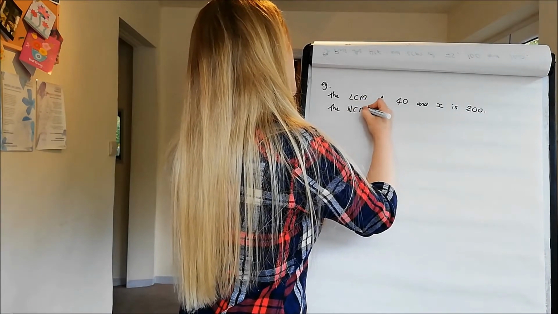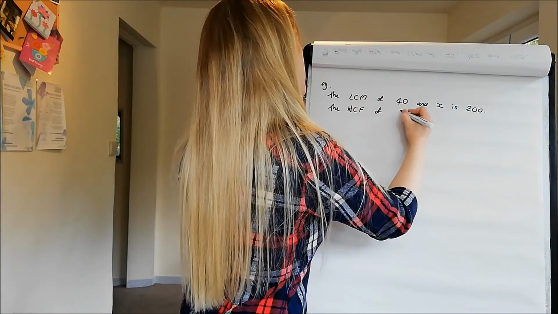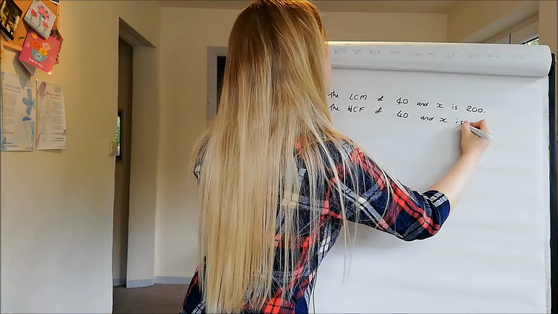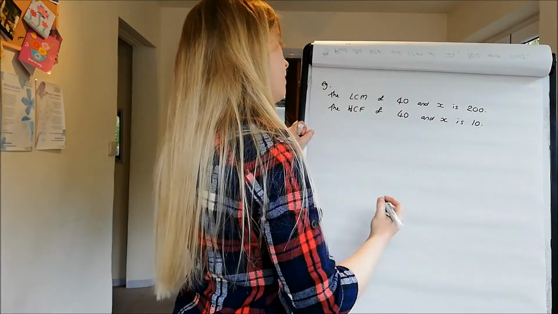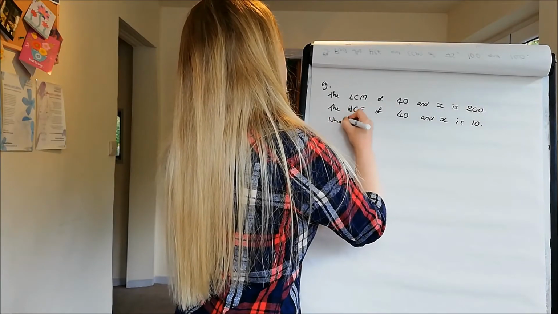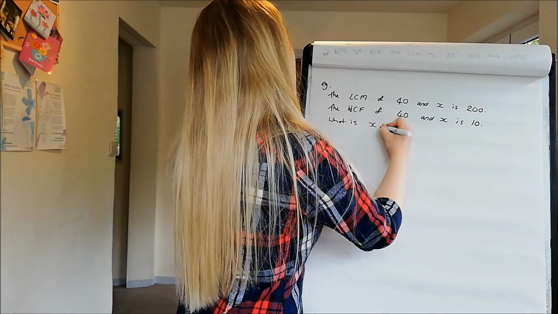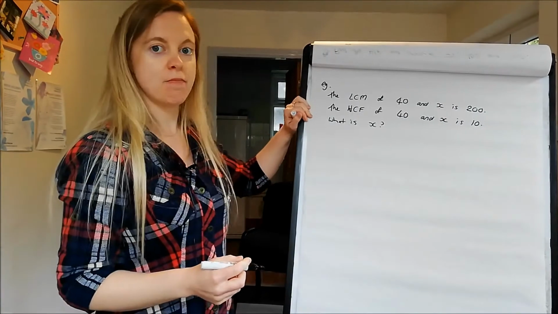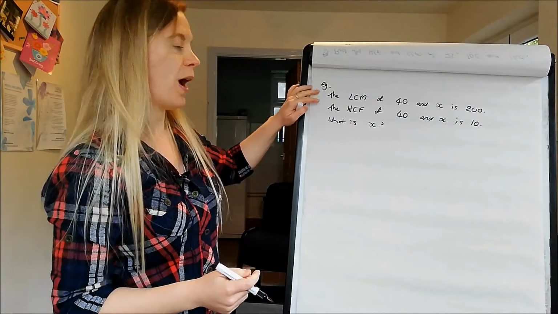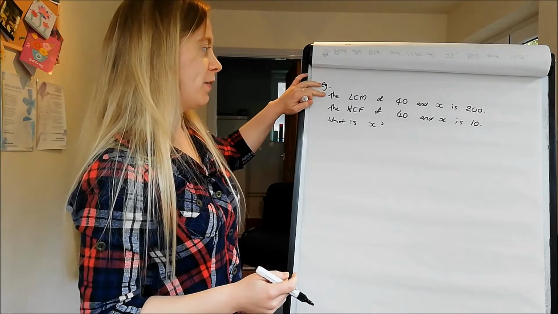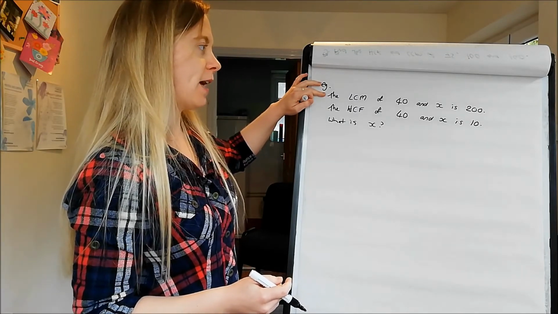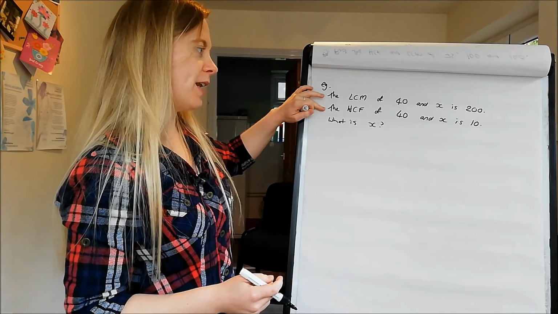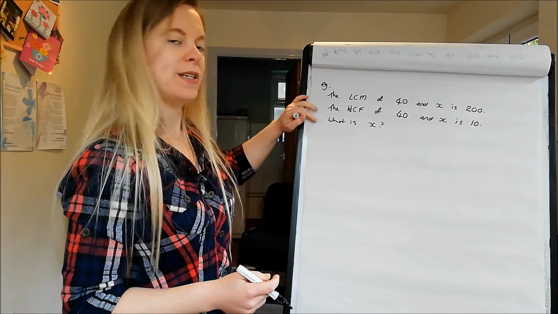The highest common factor of 40 and x is 10. What is x? So if you pop that down as an example, I'll go through that with you. So actually write the wording. So the LCM of 40 and x is 200. The HCF of 40 and x is 10. What is x?